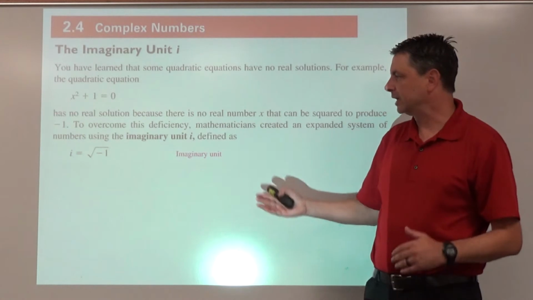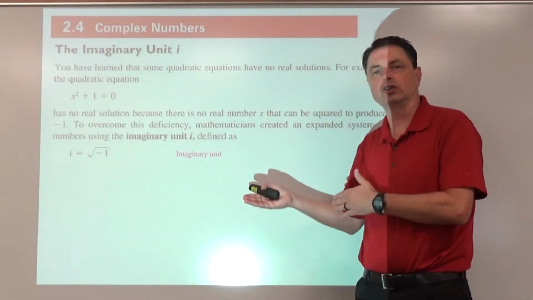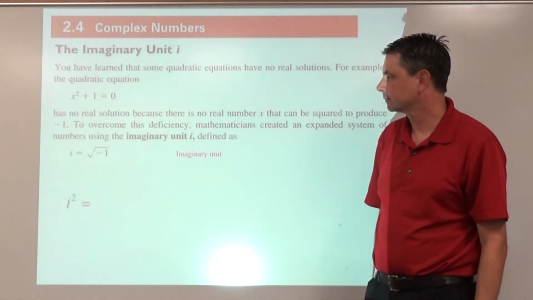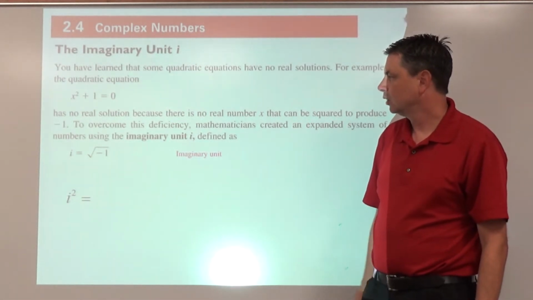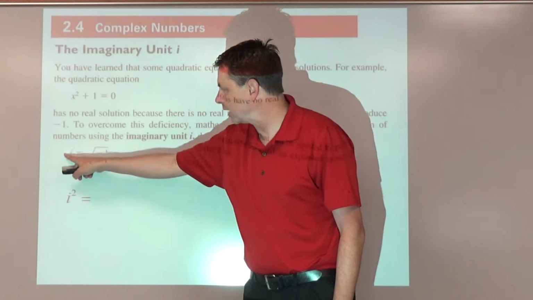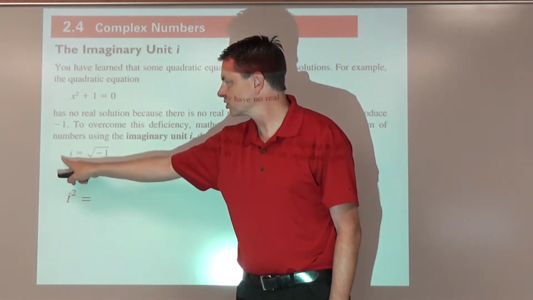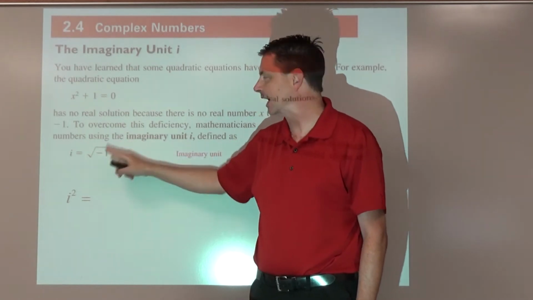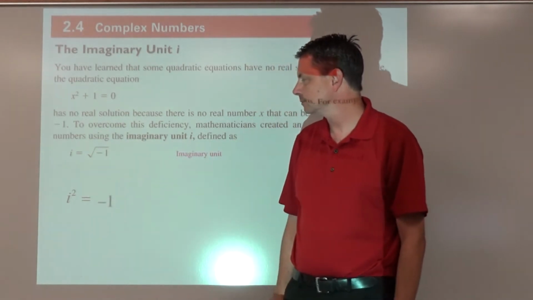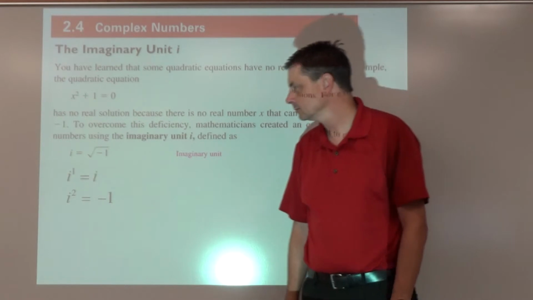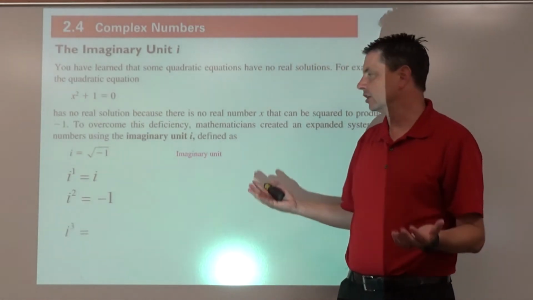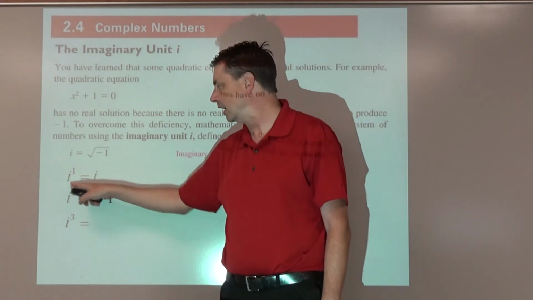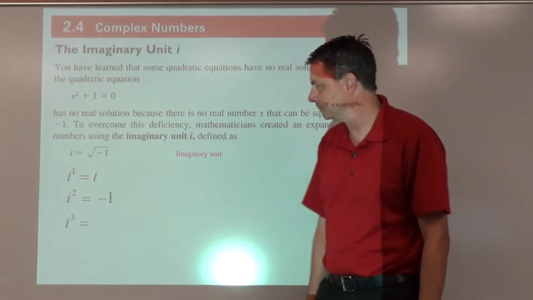And then if we start looking at i to integer powers, and we're going to focus on whole numbers here. Well, i squared, if we square both sides of this, squaring a square root just undoes that, we would get negative 1. And of course, anything to the first power is itself, so i to the first power is just i.